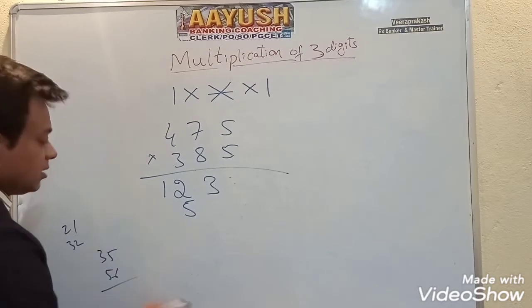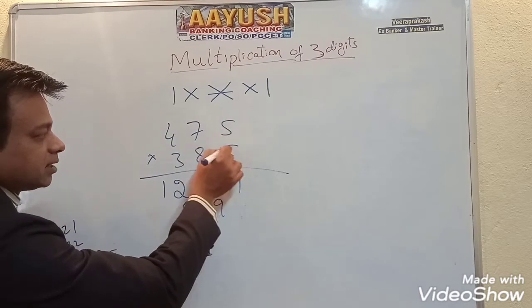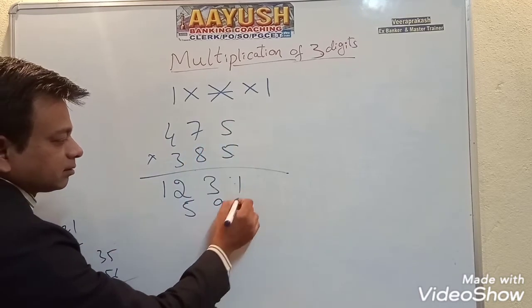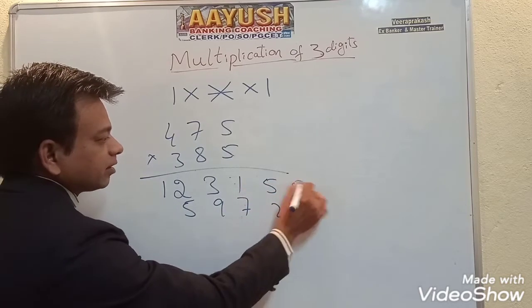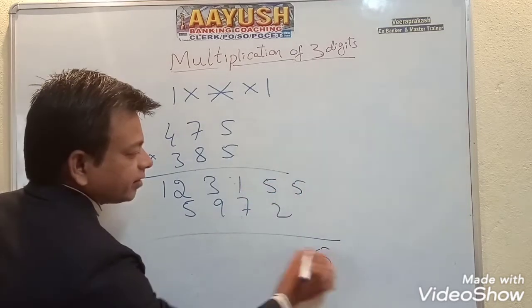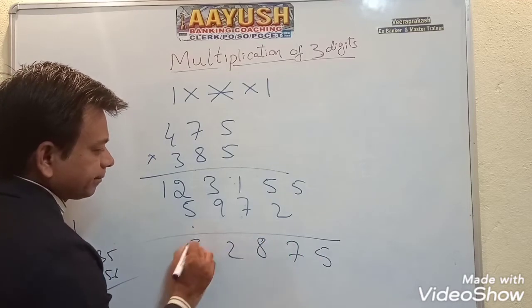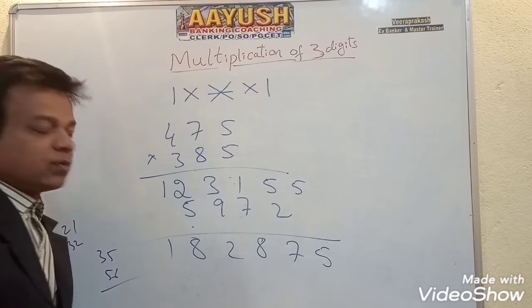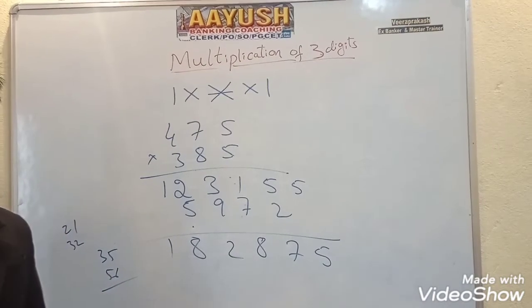So altogether 91. Then 7 5s are 35, plus 40, 75, and 5 5s are 25. Addition of this gives 182875 as the answer for 475 into 385.